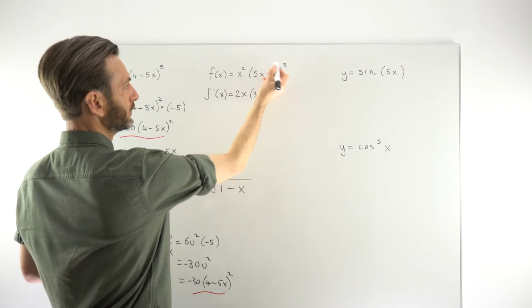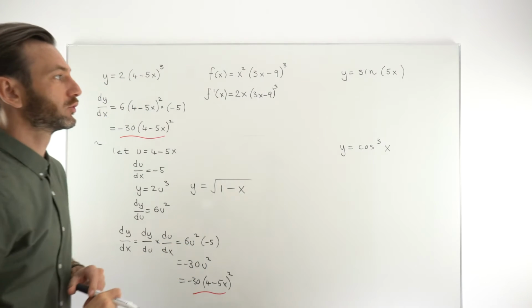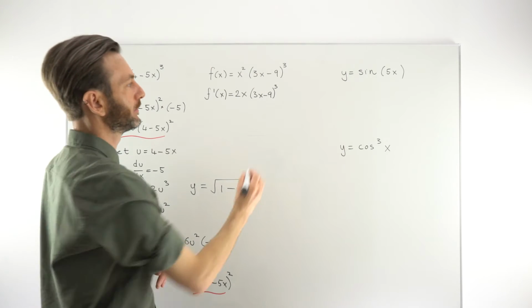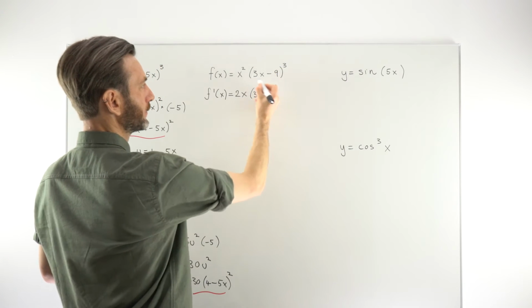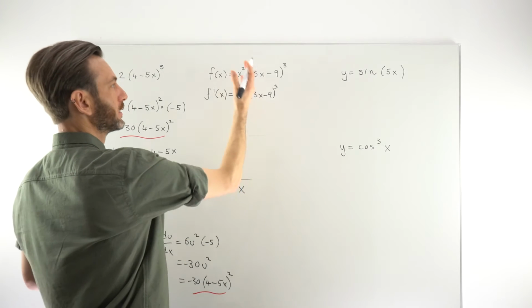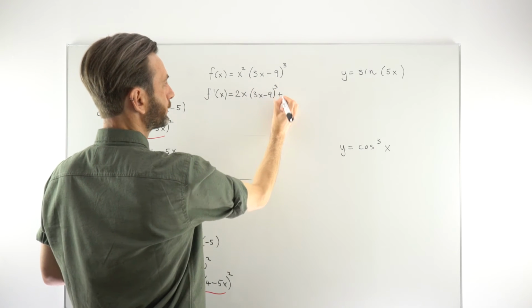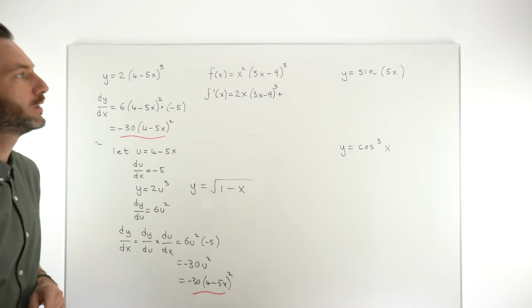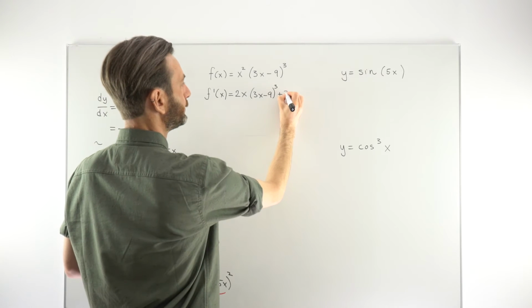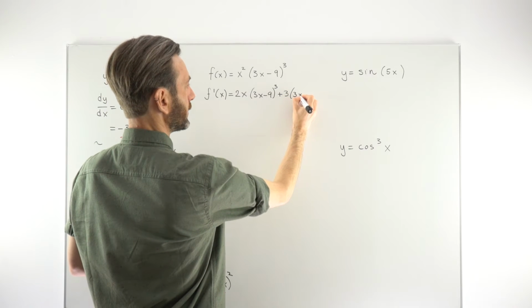This is function 1 and function 2. And then take the derivative of the second function, which is this guy, the one we're going to have to use the chain rule on, and multiply it by the first function. So the derivative of that second function is where we're going to use the chain rule. So the 3 comes down in front. The bracket stays the same.